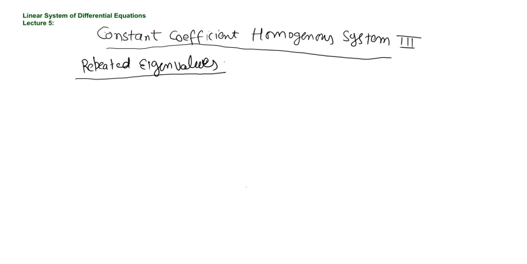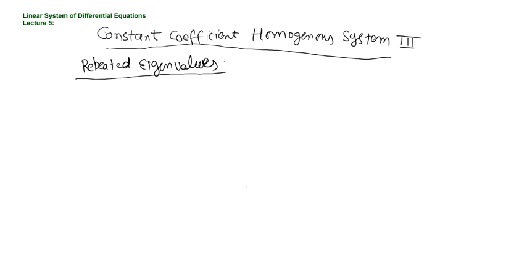independent eigenvectors. So in this case we have, let us say, a 3 cross 3 system, but you only got 2 linearly independent eigenvectors.